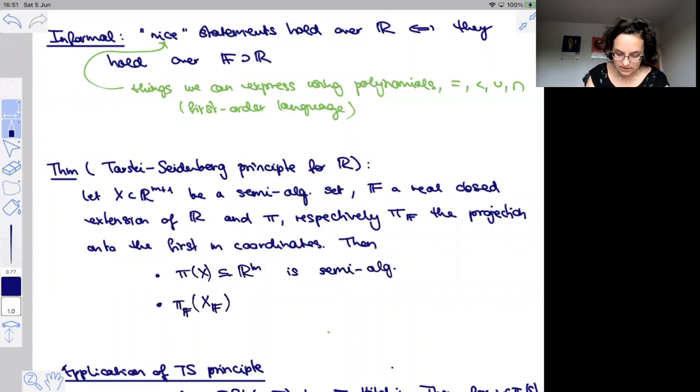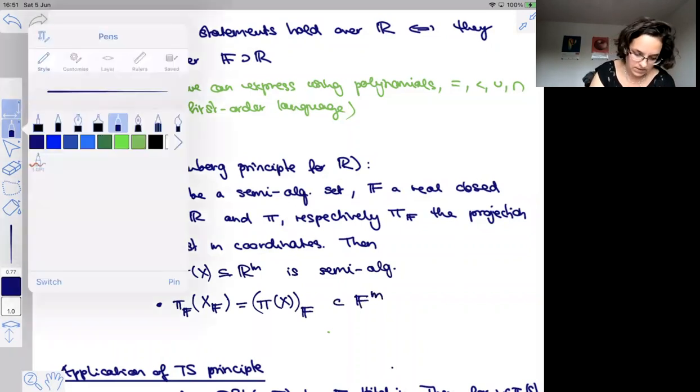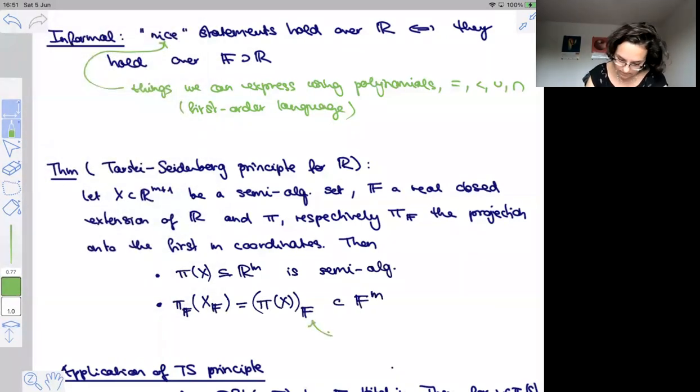But this is nothing else than the projection, where we first project and then we extend. So this is now a subset of F^m. This was again the F extension.